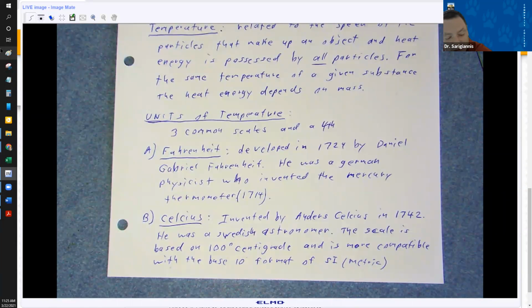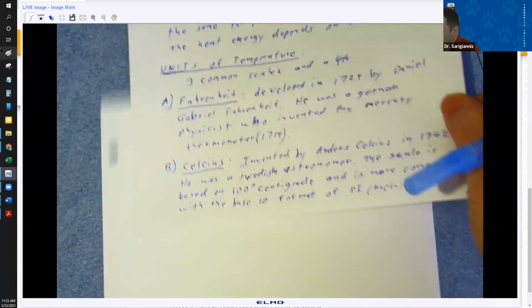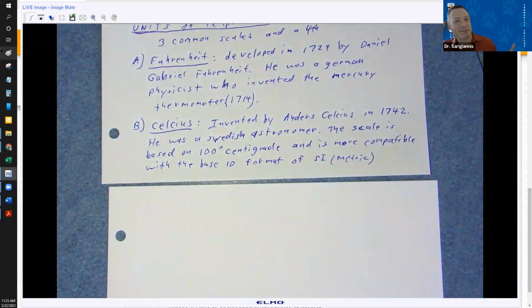So Celsius, that's Celsius. We'll go into more detail when we start talking about how to convert between them. But let me talk about the other two scales. The next common scale. So I'm sure all of you have heard of Fahrenheit and Celsius, right? Especially living in the area that we do.